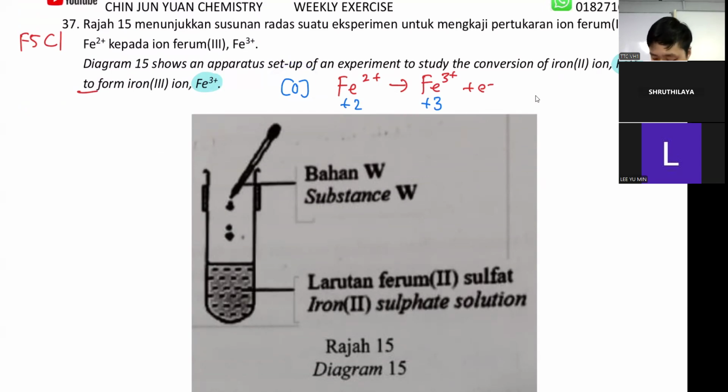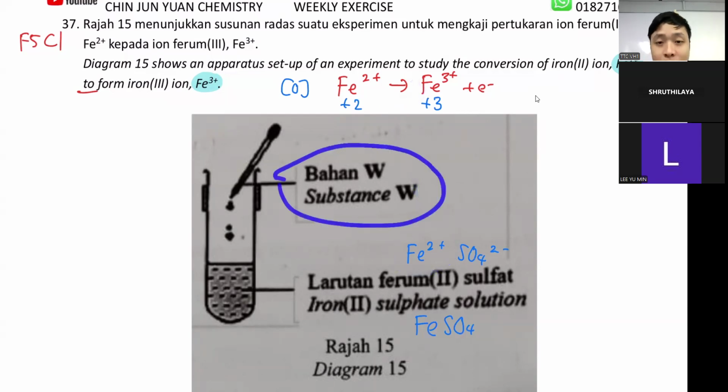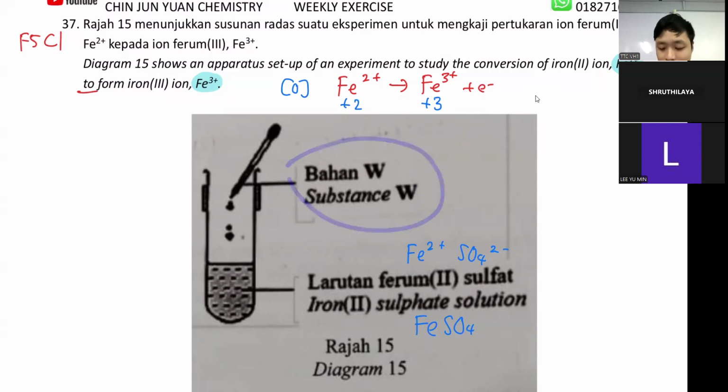So, let's say you have iron 2 sulfate, which is containing Fe2 plus ion. How do I convert this to Fe3 plus? What do I have to add? I have to add an oxidizing agent.